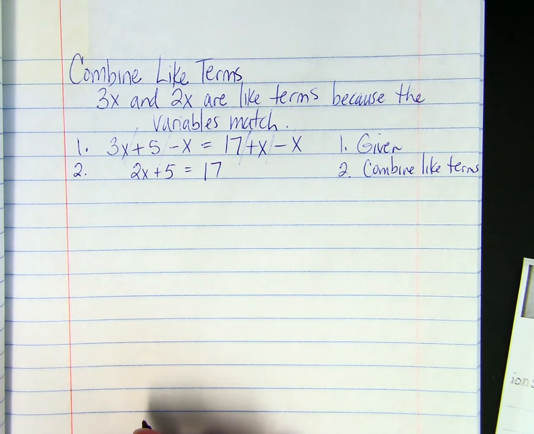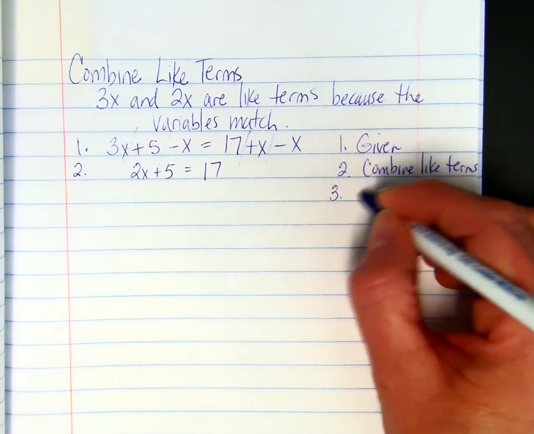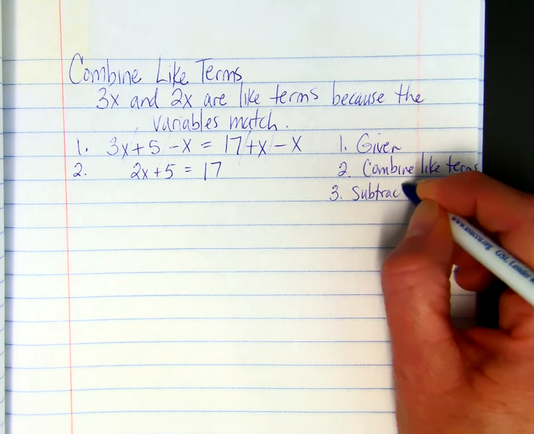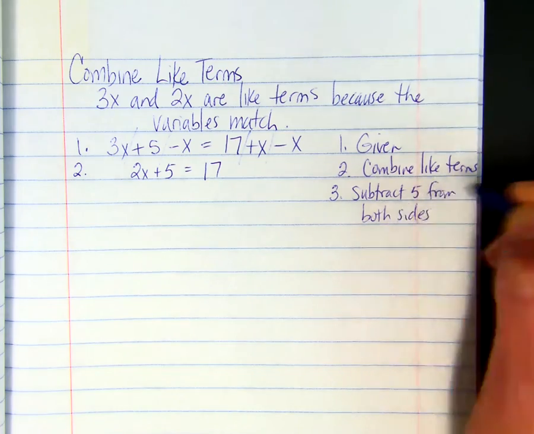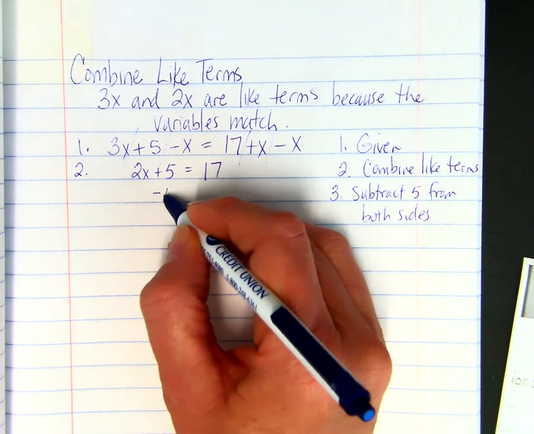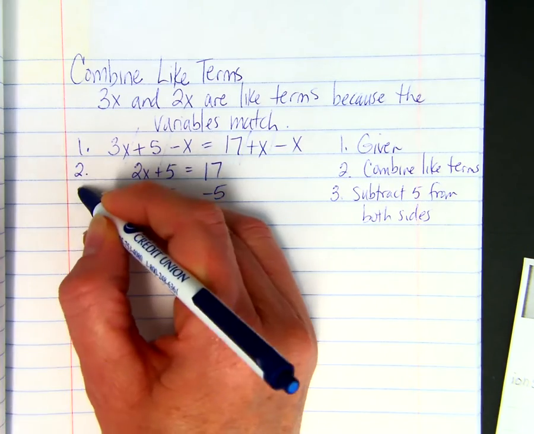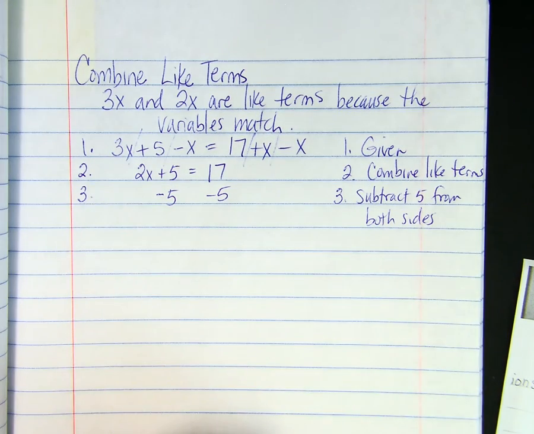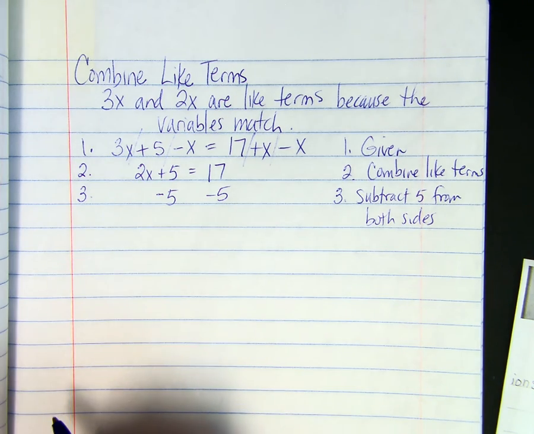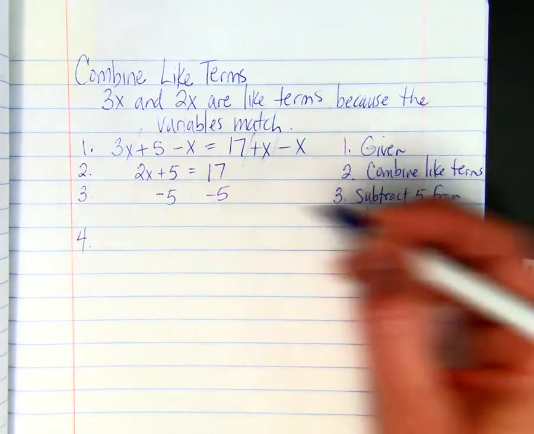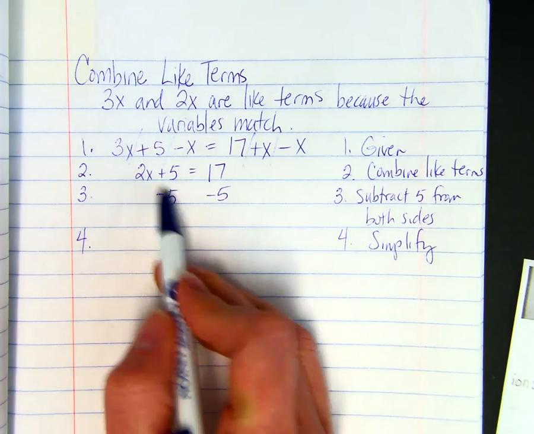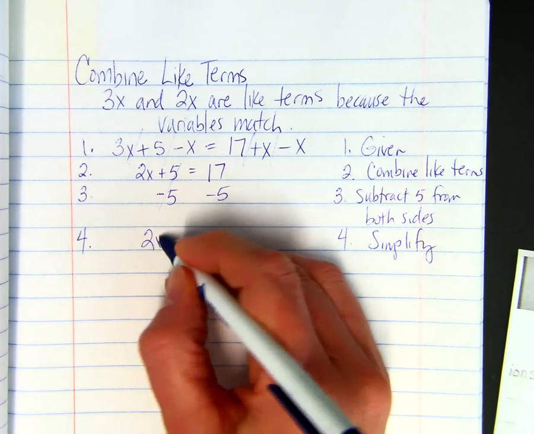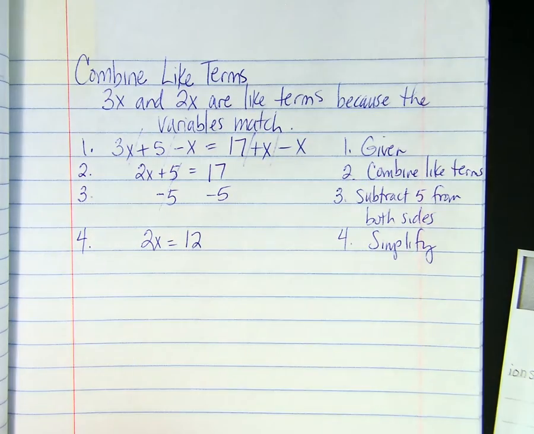Then we are going to subtract 5 from both sides. So I have minus 5, minus 5. Step 3 is subtract 5 from both sides. Then we're going to simplify. This goes to 0, so we have 2x equals 12.